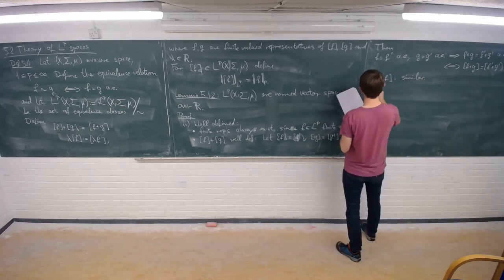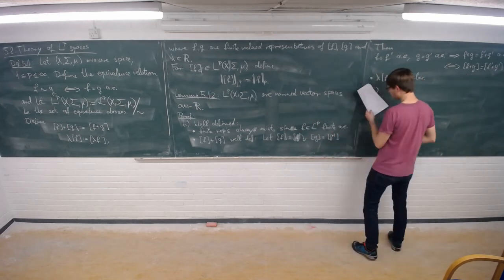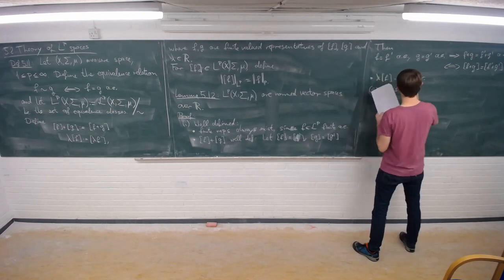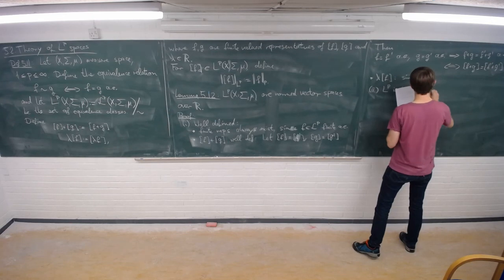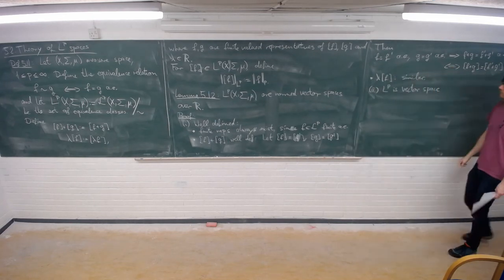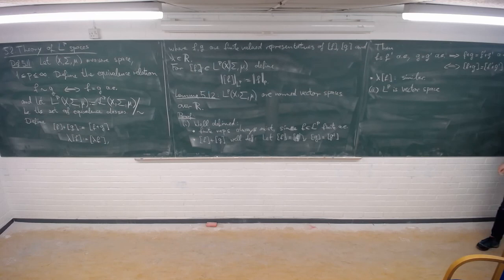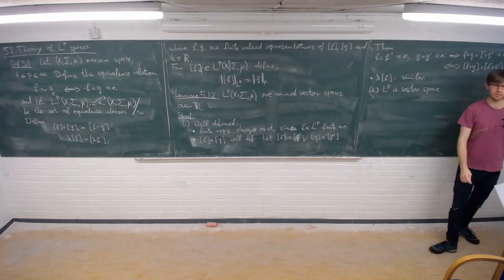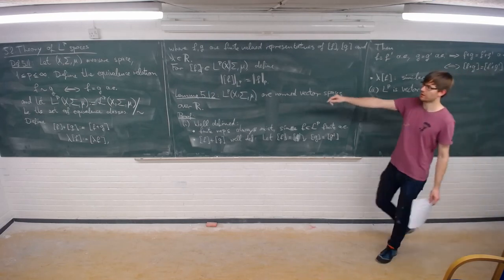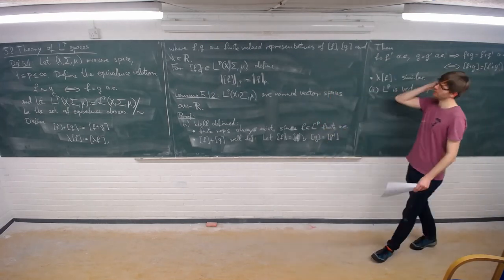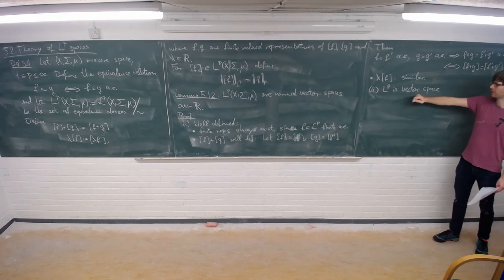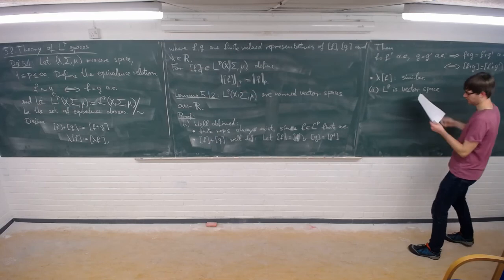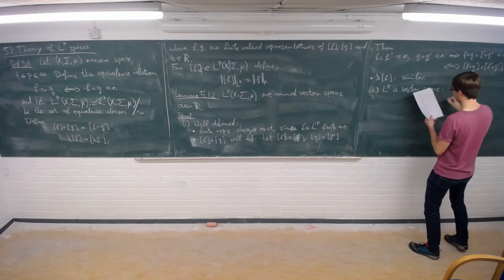The second part is to show that LP is actually a vector space, but this is just a simple calculation basically. Now that we know that the sum and the scalar multiplication are well defined, it's just a bit of labor to verify this, and I'm not going to do this on the blackboard.